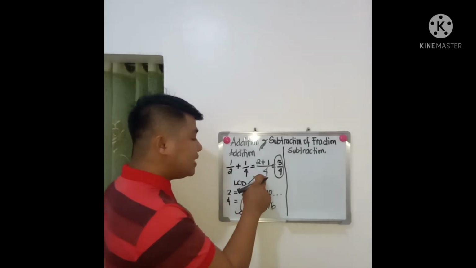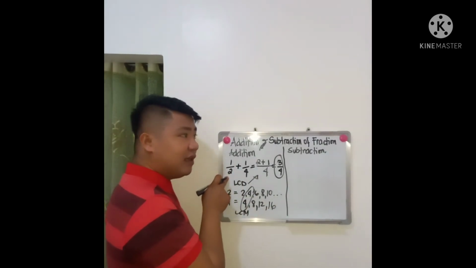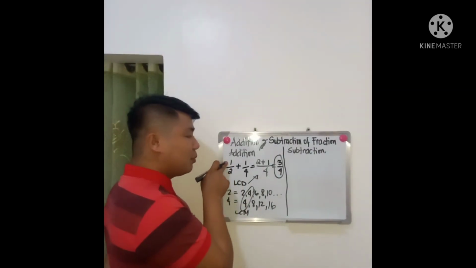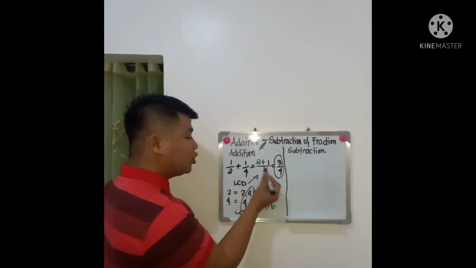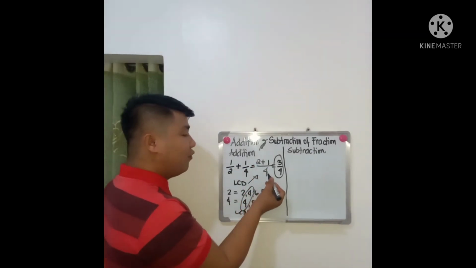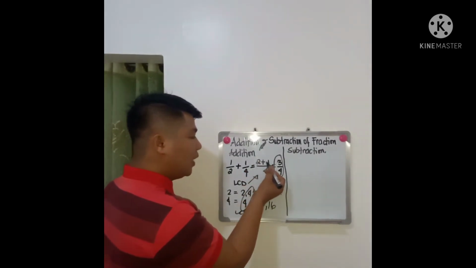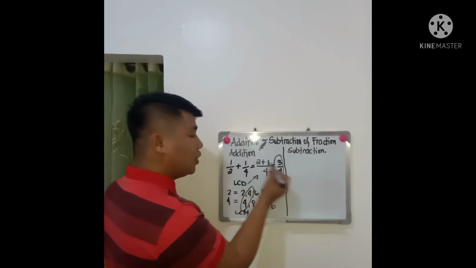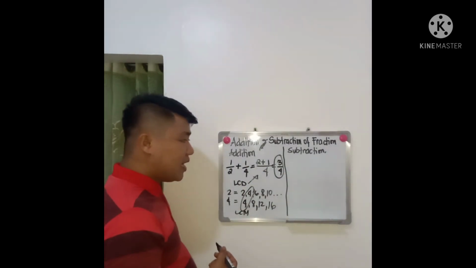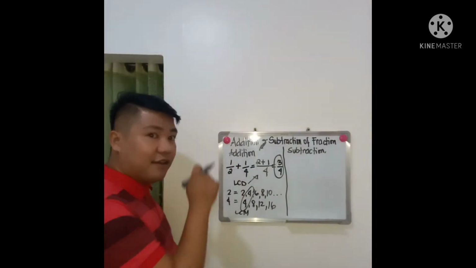And that LCD will be divided by the denominator of the given, then multiplied to the numerator. Then you get here 2, because 4 divided by 2 is 2, times 1 is 2. Then 4 divided by 4 is 1, times 1 is 1. 2 plus 1, since it's addition, you will obtain 3/4 as your sum of 1/2 plus 1/4.